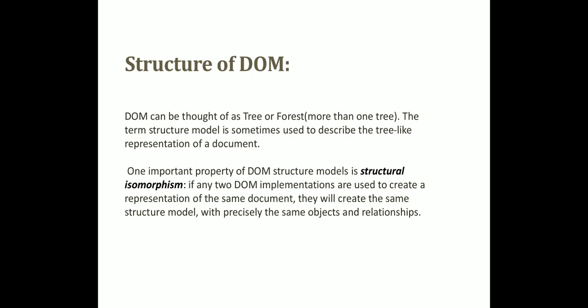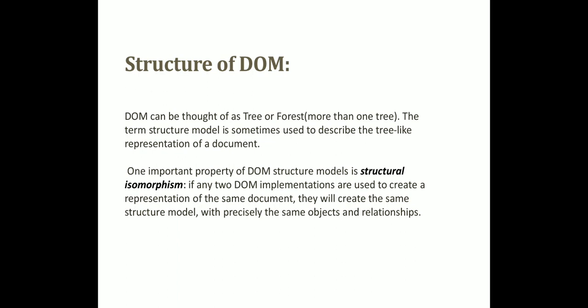One most important property of the document object model is structural isomorphism. That means if any two document object model implementations are used to create a representation of the same document, please listen to this carefully, they will create the same structure model with precisely the same objects and relationships.